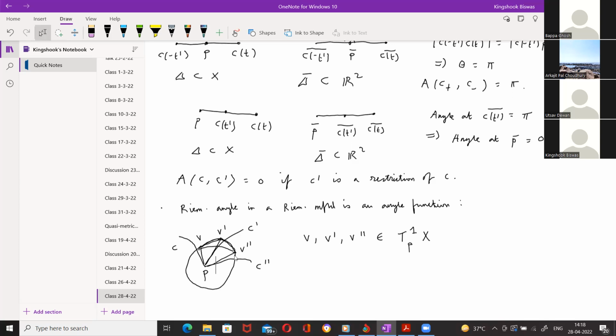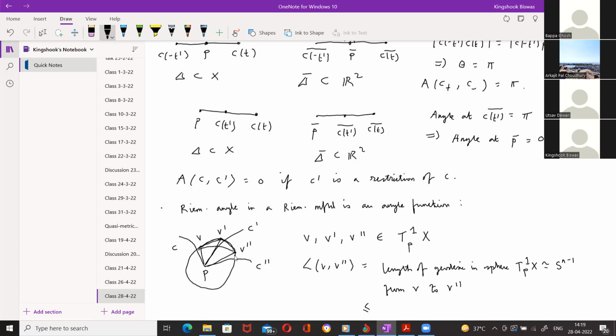Okay, so maybe let me just say it like this. The angle from V to V double prime is equal to the length of the geodesic in the sphere, the unit sphere in T_P X, which is identified with S^{n-1}, from V to V double prime.